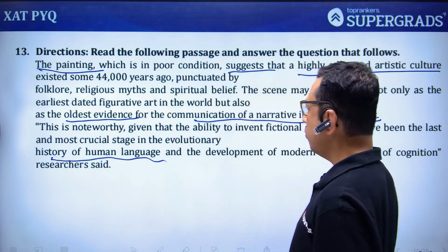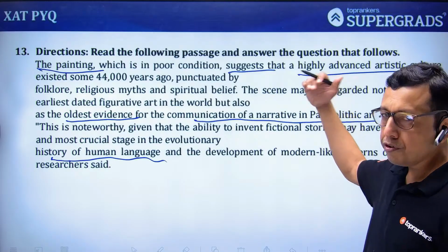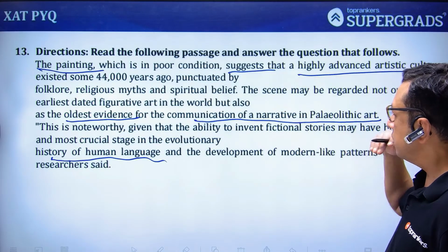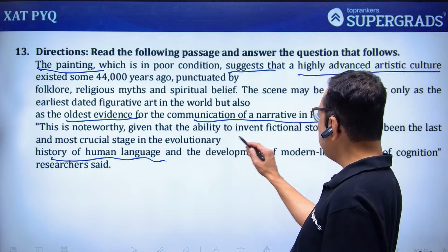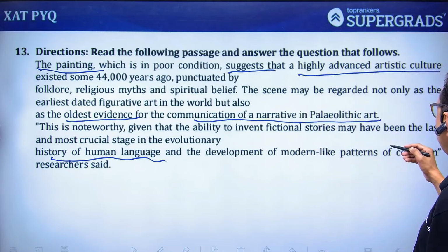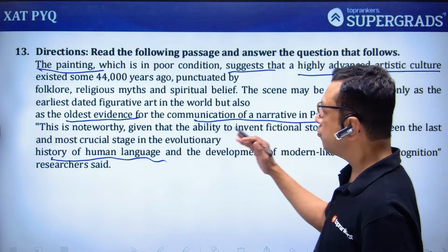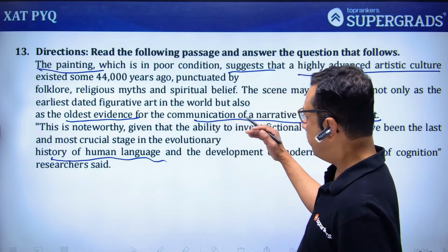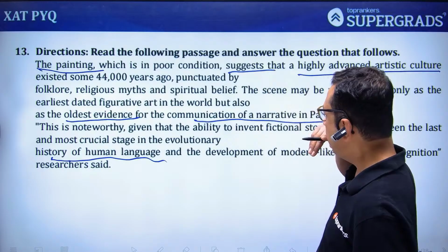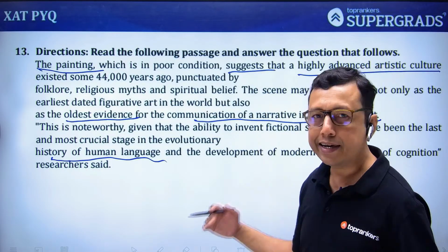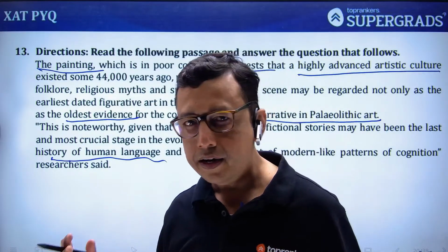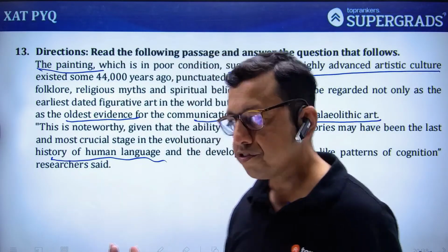So, in the evolution of the history of human language, the ability to invent fictional stories may have been the last and the most crucial stage. It was in the Paleolithic era that some evidence was found that indicated the ability to write fictional stories.